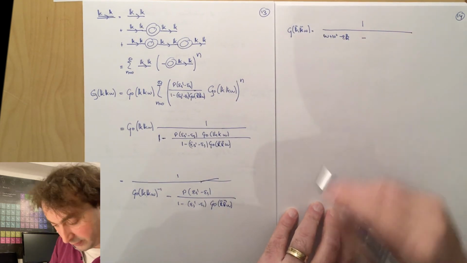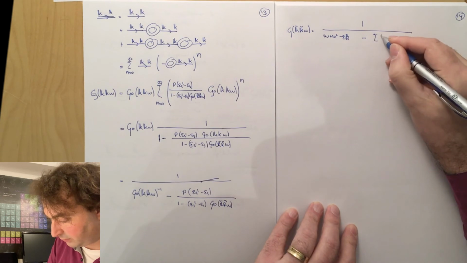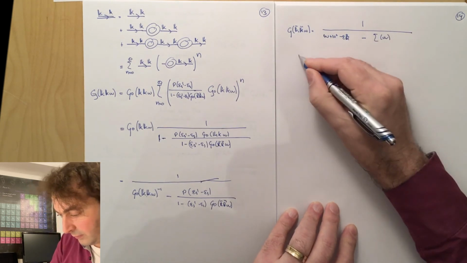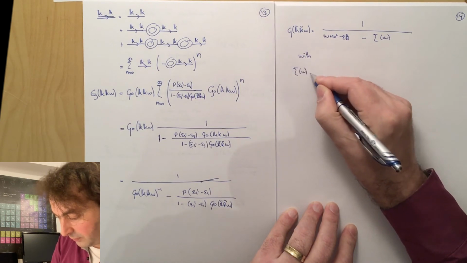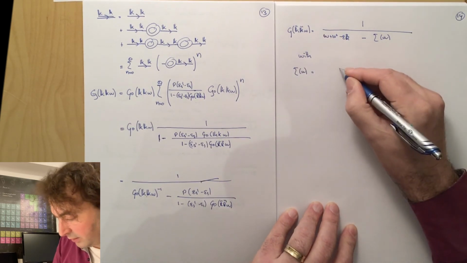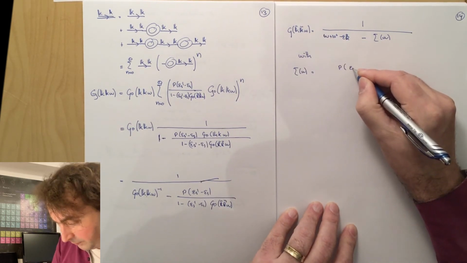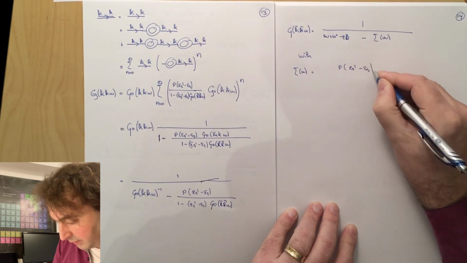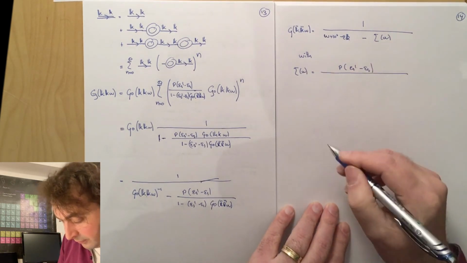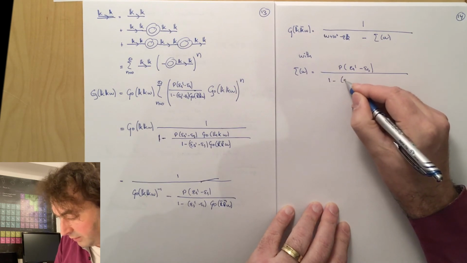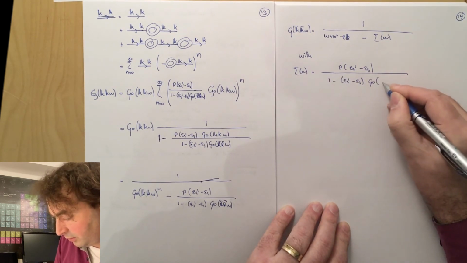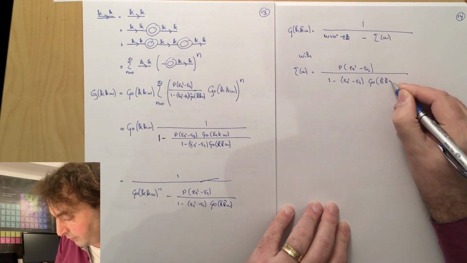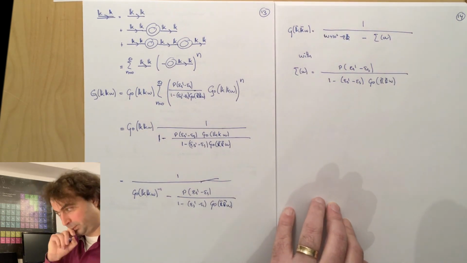And then we have our correction to that, and that correction we will call the self-energy. With the self-energy, sigma of omega is equal to p epsilon s prime minus epsilon s divided by 1 minus epsilon s prime minus epsilon s G0 R omega.